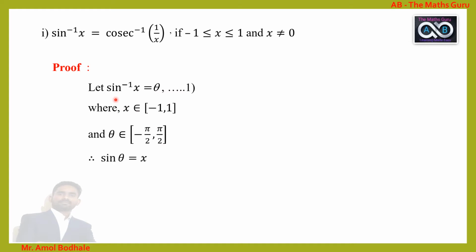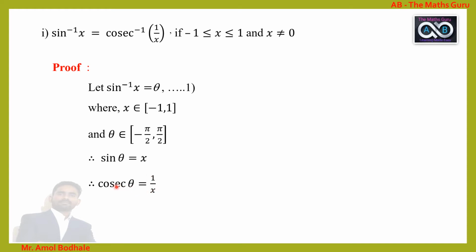So here, as sine inverse of x equals theta, we can write sine of theta is equal to x. Now if we take the reciprocals on both sides, the reciprocal of sine is cosec and the reciprocal of x is 1 by x. So therefore cosec theta equals 1 by x.